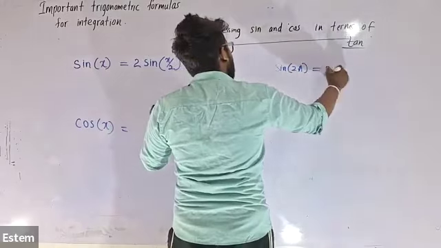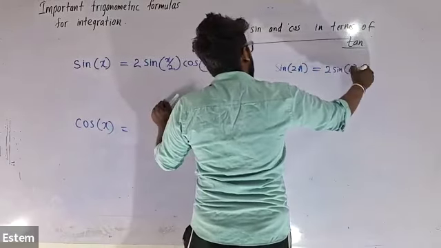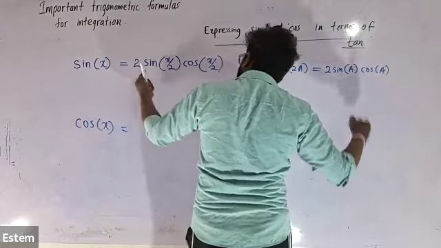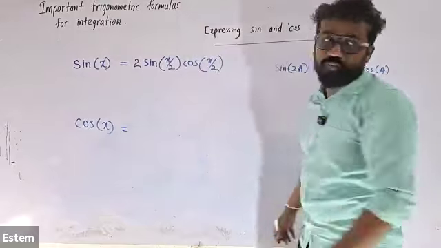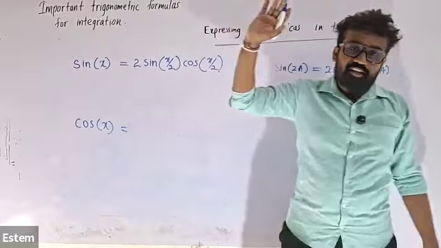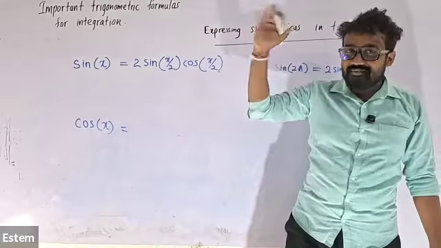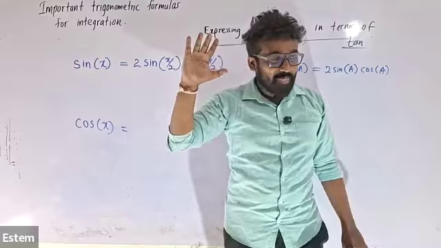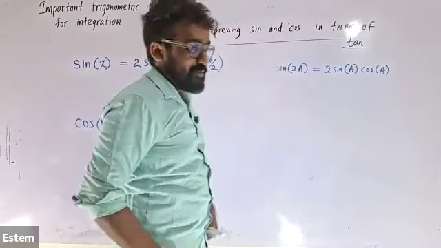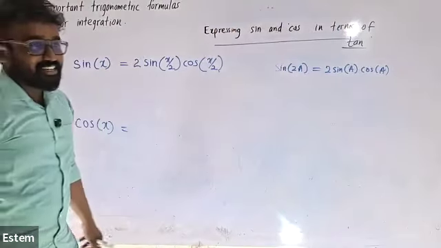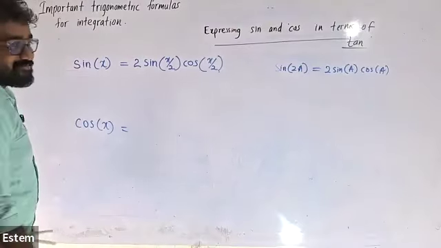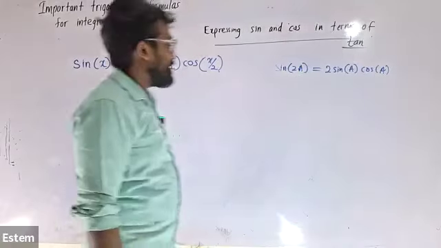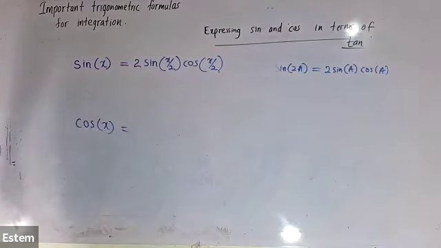Sin 2A is 2 sin A cos A. Then sin x is 2 sin x over 2 cos x over 2. Please hands up if you agree. Are you sleeping? Hello? Some people are not speaking. What about others? Okay, 2 sin x over 2 cos x over 2.